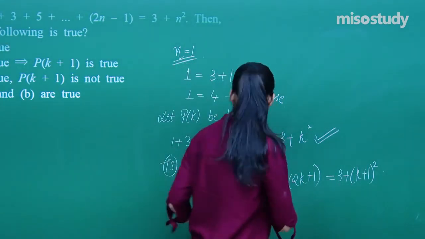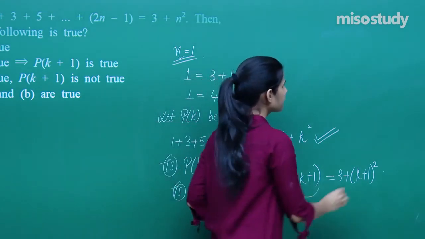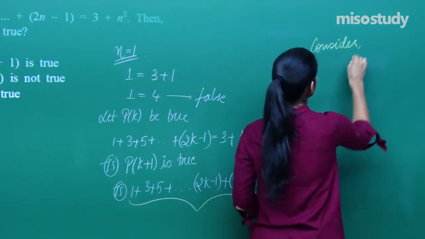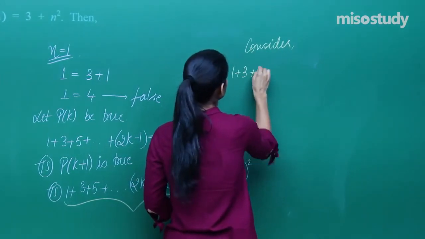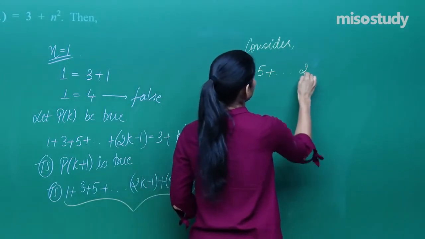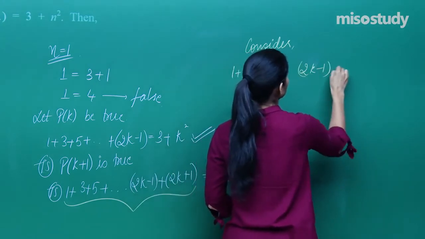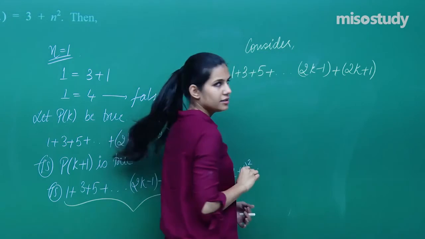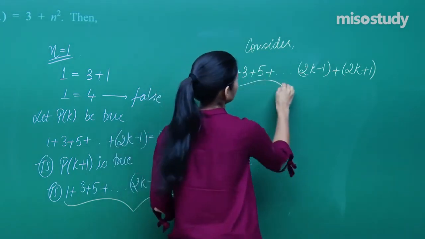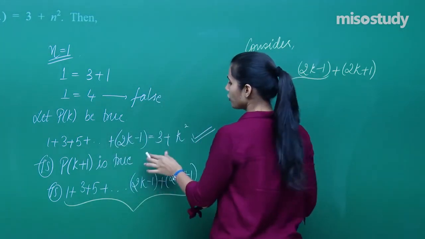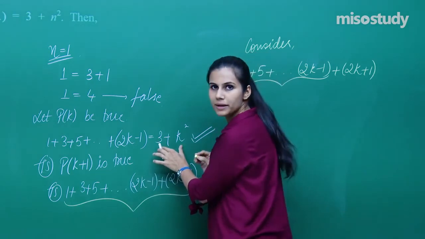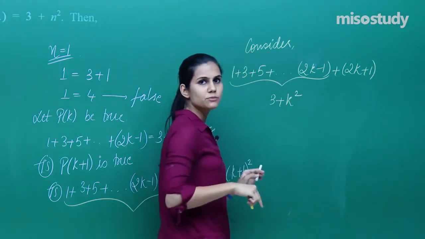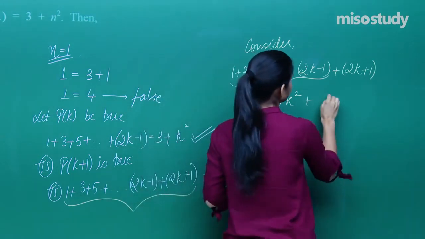Now consider the left hand side, which is 1 plus 3 plus 5 plus 2k minus 1 plus 2k plus 1. In that scenario, this much is already given as equal to 3 plus k square. So we can use that. We have to use the assumption to prove this, plus 2k plus 1.